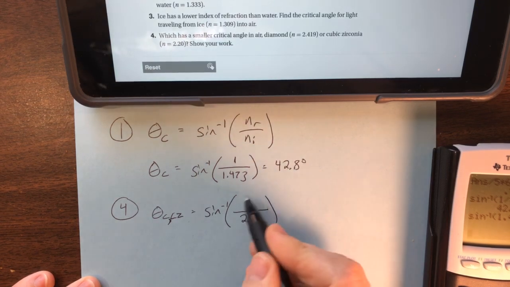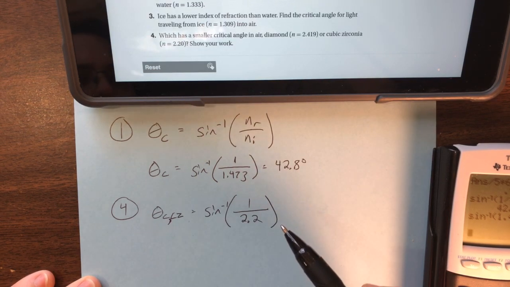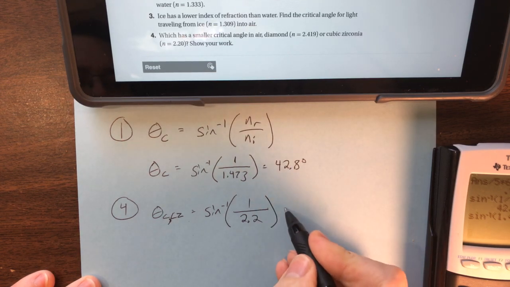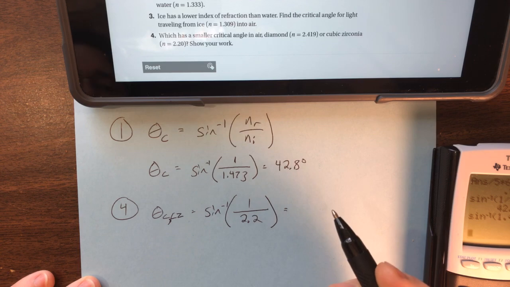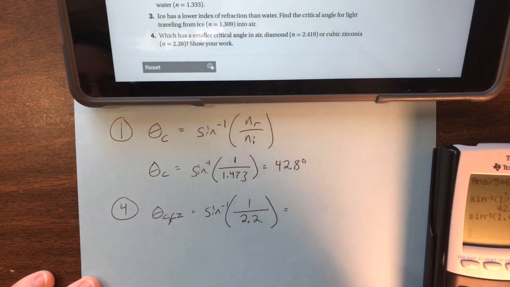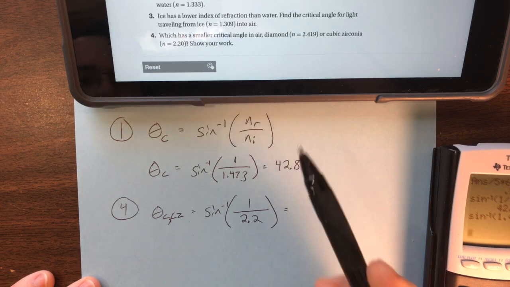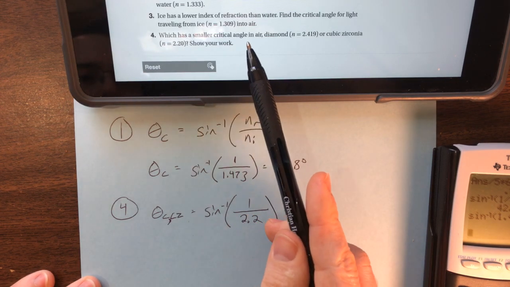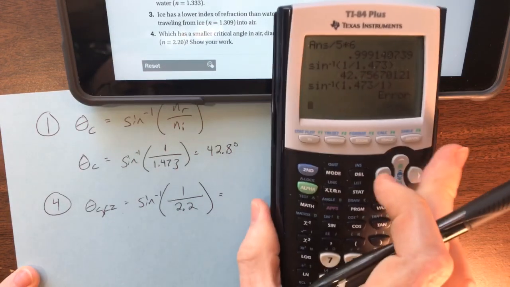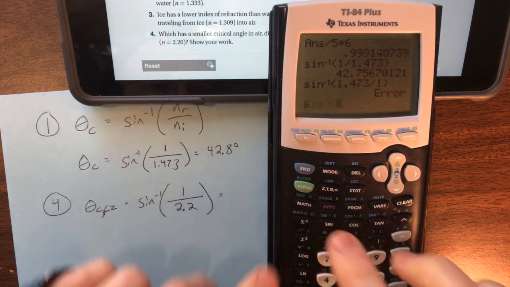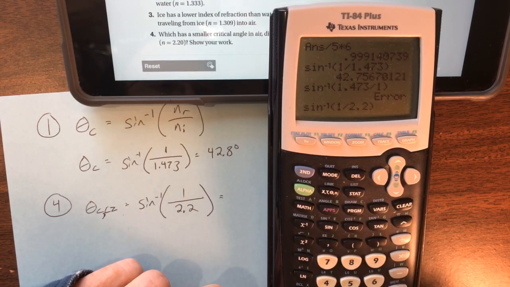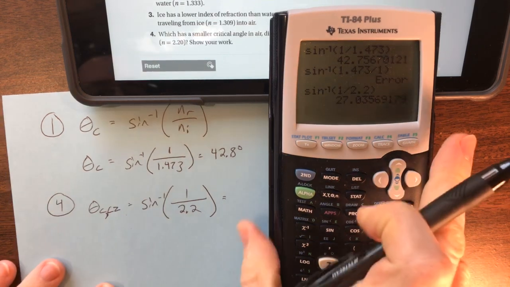We're always going to be putting the value for air on top in this case, so 1 on top. Obviously, if the gemstones were in some other material like water or oil, this number would change. But it says right here in air, so we're just going to put 1 here on top. All right, so this is going to be the inverse sine of 1 over 2.2, which is 27.